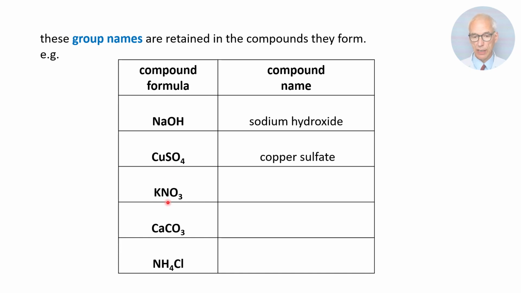KNO3, I recognize NO3 as nitrate, potassium nitrate. Calcium and CO3, calcium carbonate. CO3 is the carbonate group, calcium carbonate. NH4 is the ammonium group, ammonium chloride. You are expected to recognize and use these group names in naming compounds.